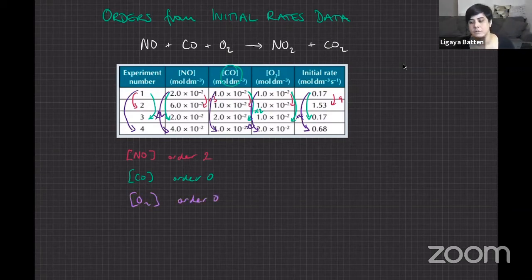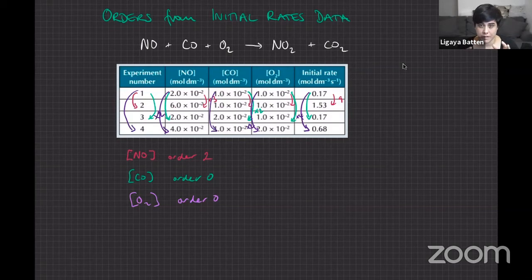Okay, so using these experimental data, we can compare experiments one at a time, comparing one experiment with another directly and seeing how the reactants changed and how the rate changed, and this tells us how each reactant affected the rate. But as much as possible, you want to try and find experiments to compare where you're only changing one thing, but sometimes that's not quite possible, as we saw here when we compared 1 and 4.